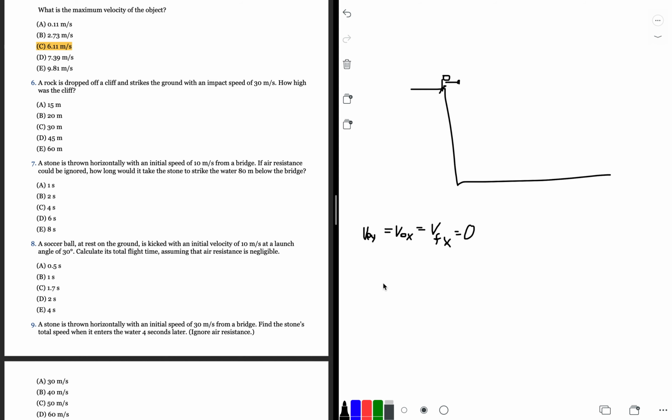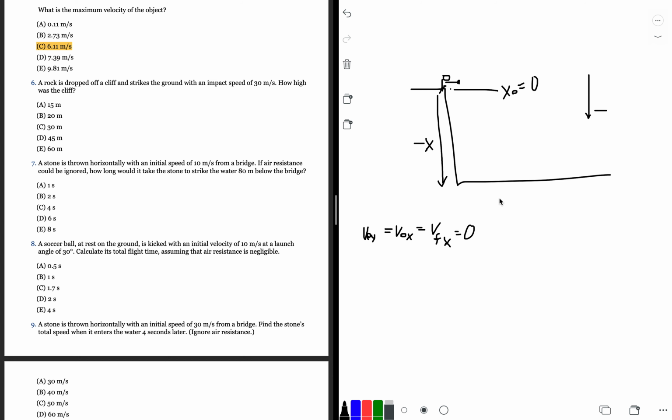Well, we can use our kinematic equations that have position. So let's call this the starting point. The height of the cliff is negative, because downward will be negative. And let's say that this position, the top of the cliff, is actually x initial, which is 0.